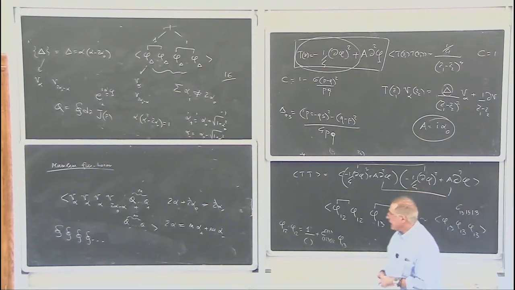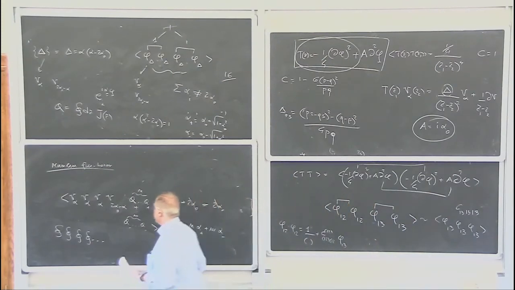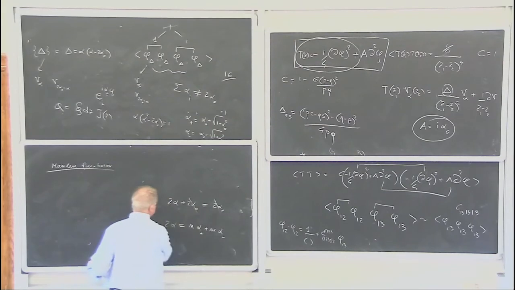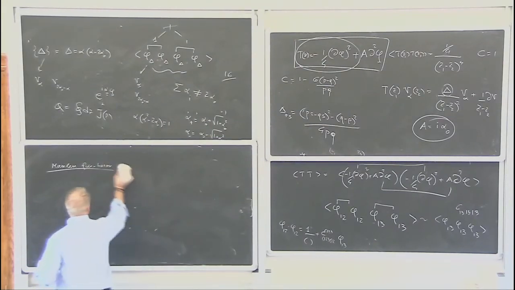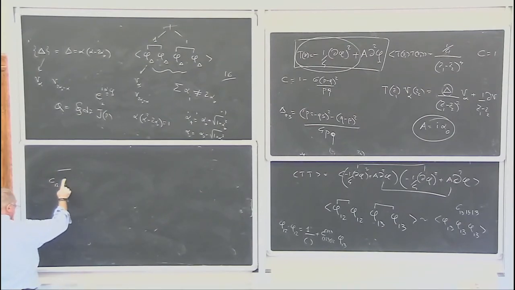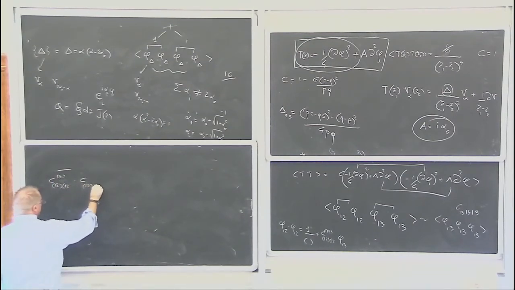So, making the story short, just using the simplest integral representation, you have the way of computing these numbers: C 12 12 1 times C 12 12 13, times C 13 13 13.